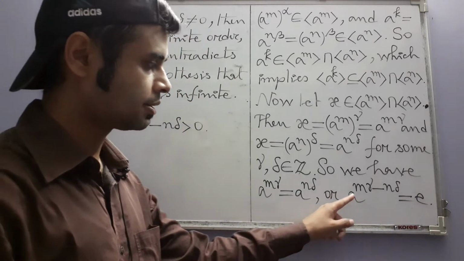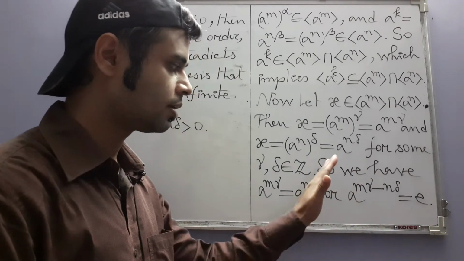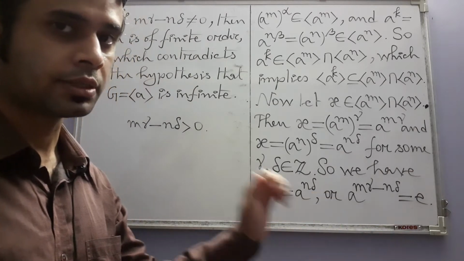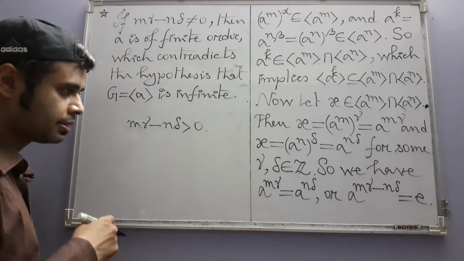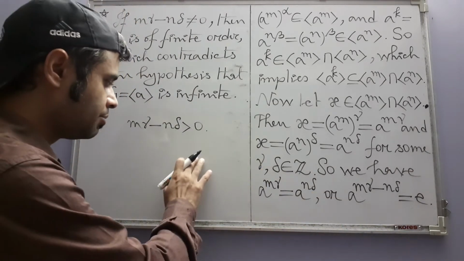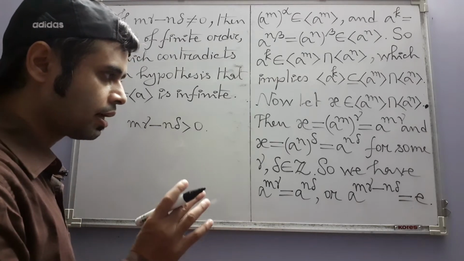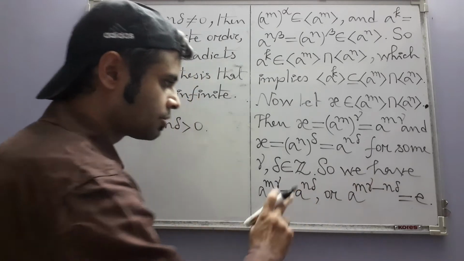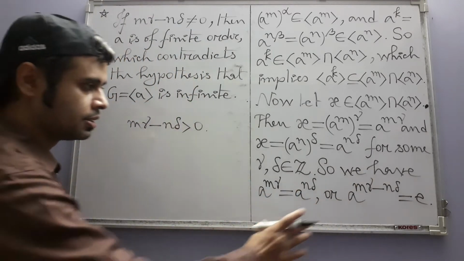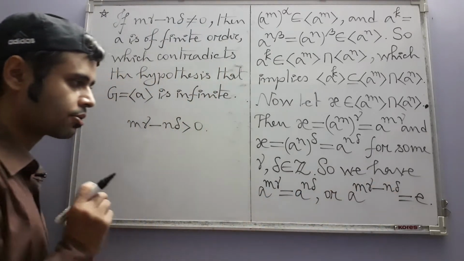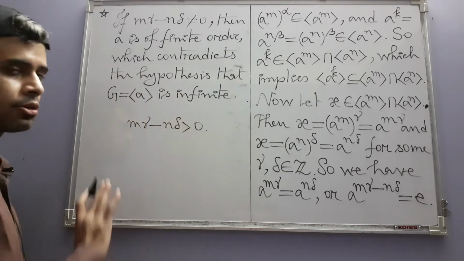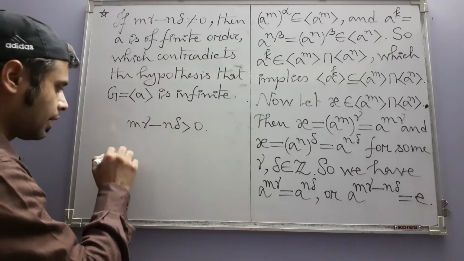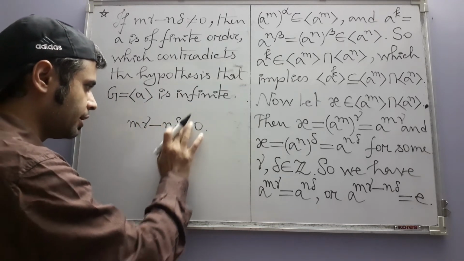It tells us that a positive integral power of a equals identity. So by the definition of order of an element in a group, a would then have finite order, and the least such positive exponent for which this equation is true would be the order of a. That is a contradiction.